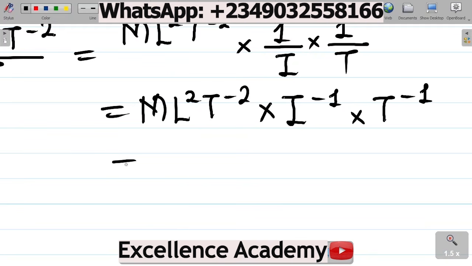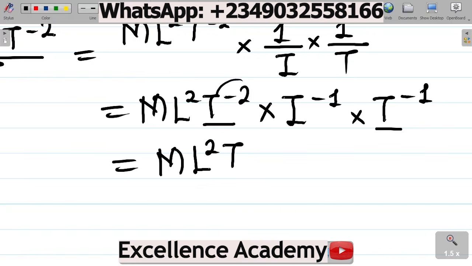What you have here is L squared, then you have T, and you have T. When they are multiplying, you add the powers. Minus 2 plus minus 1 is equal to minus 3. So this is T to the power minus 3. Then finally, I to the power minus 1. So we have ML squared T to the power minus 3, I to the power minus 1.